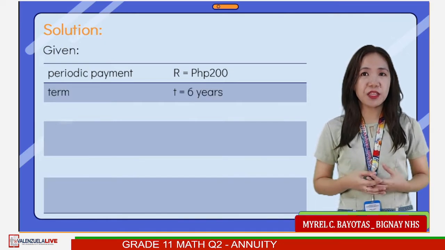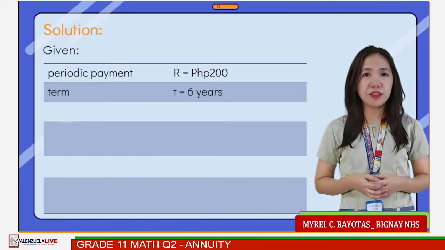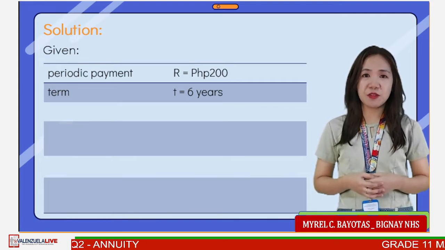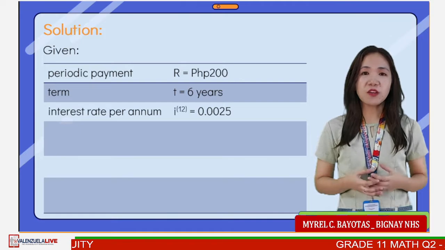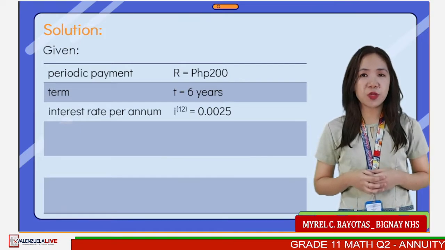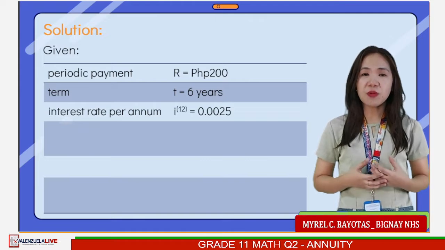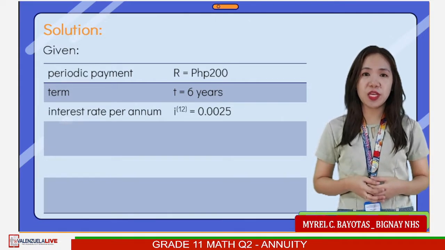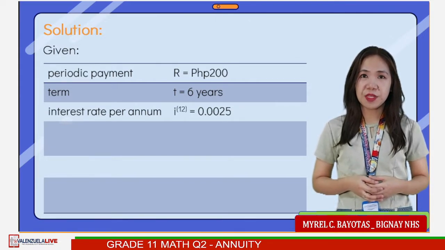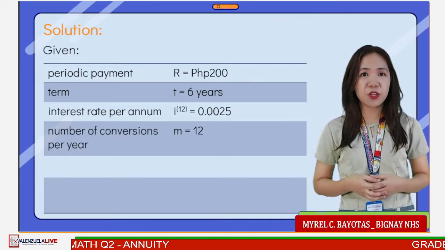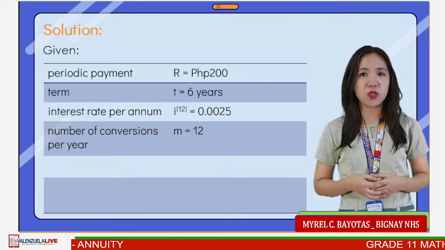Since the given rate is 0.25%, the interest rate per annum or per year is 0.0025. We converted 0.25% to decimal by simply dividing it by 100 or by moving the decimal point 2 places to the left. Since the amount is compounded monthly, the number of conversions per year is M equals 12.